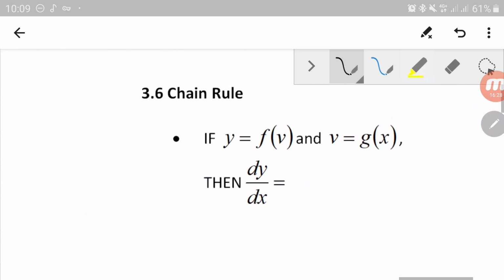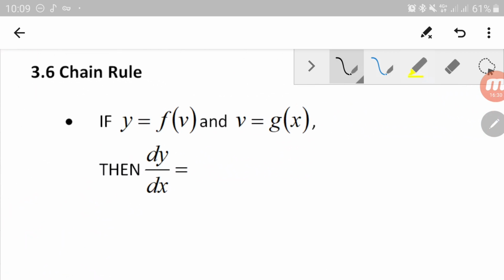Okay, and last but not least, chain rule. Chain rule is whereby we have two functions. This one is a little bit different. Previously we have function f in terms of x. This time we have function f in terms of v, and then we have v in terms of x.